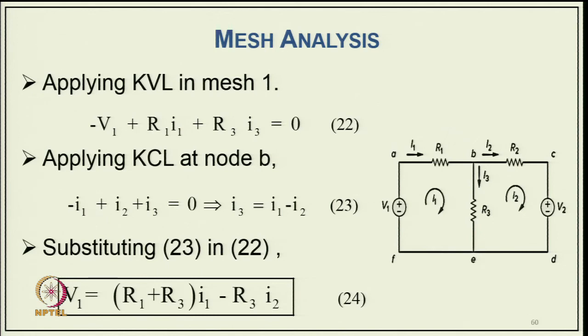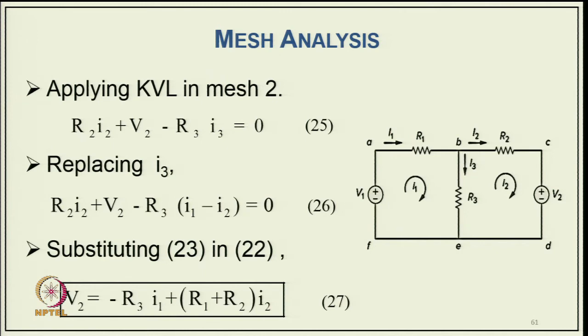In this circuit, the equation of KVL in mesh 1 is minus V 1 plus R 1 I 1 plus R 3 I 3. Apply KCL at node B: minus I 1, that is current entering, and plus I 2 plus I 3, the two currents leaving. From this you can find I 3 equal to I 1 minus I 2, and substituting this into the earlier equation, it comes out as V 1 equal to R 1 plus R 3 into I 1 minus R 3 I 2.